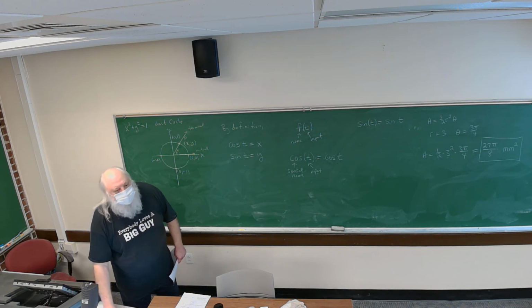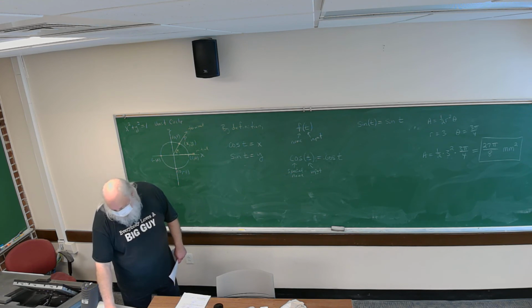That's not normally how we write a trig function squared. Instead of writing cosine t in parentheses and then squaring it, we put the 2 as a superscript on cosine, and the 2 as a superscript on the sine.